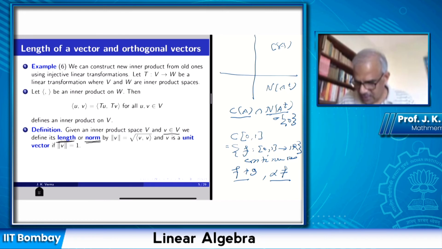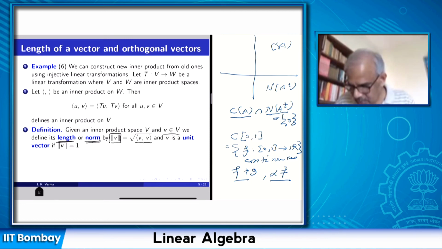The norm of a vector V, with the notation in double bars, is the square root of the inner product of V with V. We fix an inner product in V. There are infinitely many inner products, as I said, but I fix an inner product, and with respect to that inner product, I take the square root of the inner product of V with V, and that is called the length of V. This definition specializes to our usual definition of the absolute value of a complex number, square root of x square plus y square. And if the length turns out to be 1, we say the vector is a unit vector.